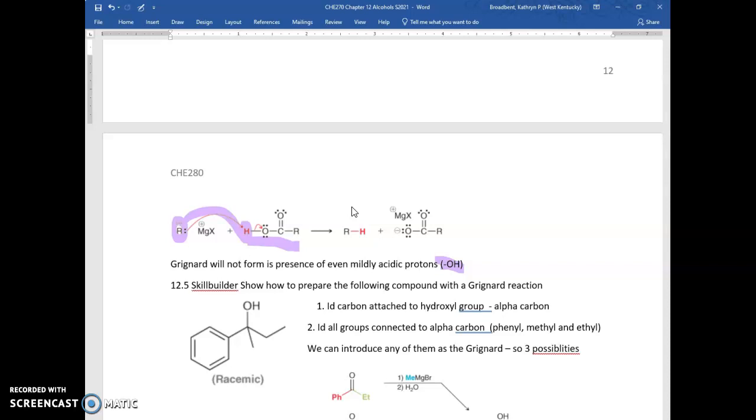Okay, so let's look at the skill builder. We're going to prepare this compound. The first step will be to identify the carbon that's attached to that hydroxy group.